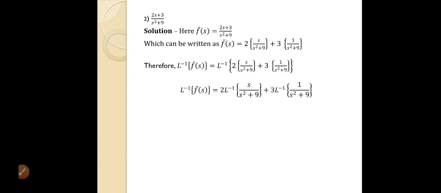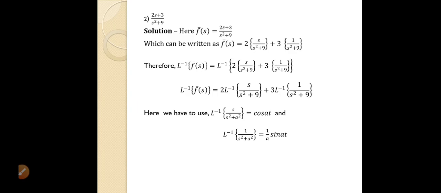And the second term is similar to the term 1 upon s square plus a square, which is nothing but the Laplace transform of 1 upon a sin at. So here we have to use L inverse of s upon s square plus a square, which is nothing but cos at for the first term, and L inverse of 1 upon s square plus a square equal to 1 upon a sin at for the second term.